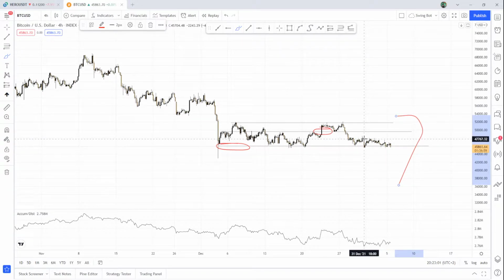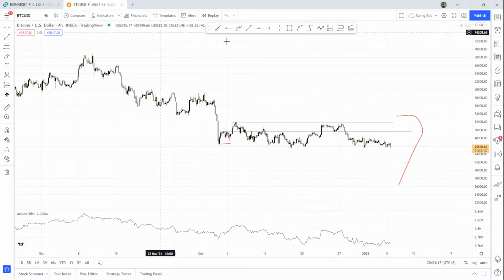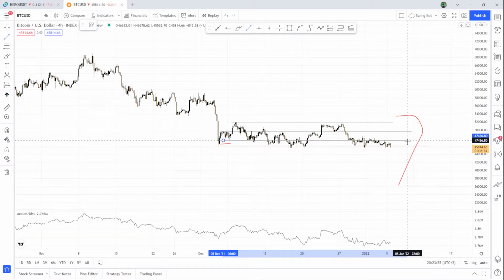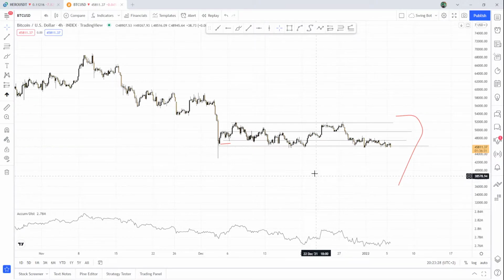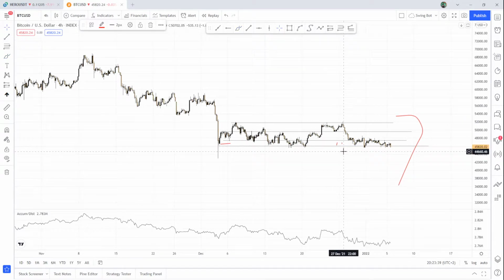there can be multiple ones. For example, in this whole range, if we go on lower time frames, I believe there are three accumulation zones, three accumulation levels. So this is one, and I think we have another one here. But trading between these two here is pretty risky.